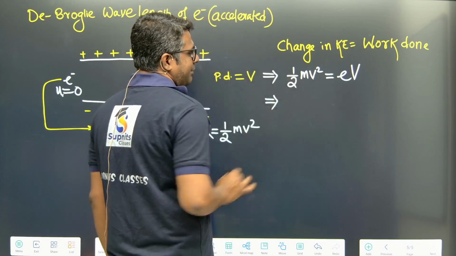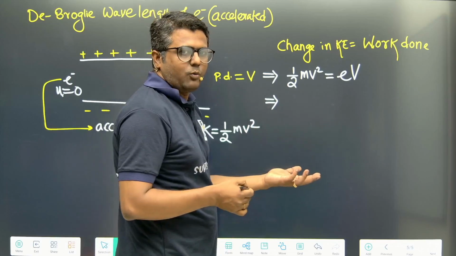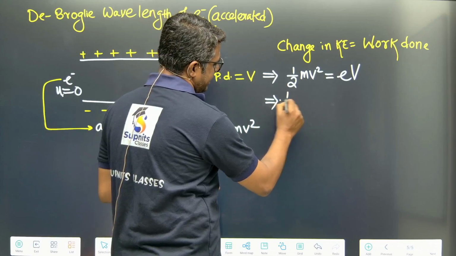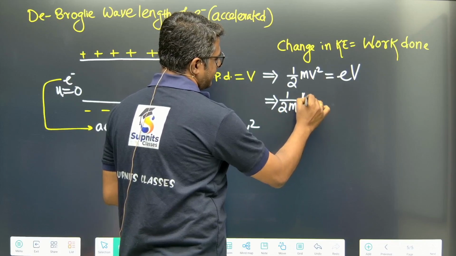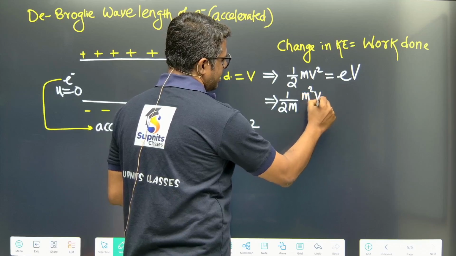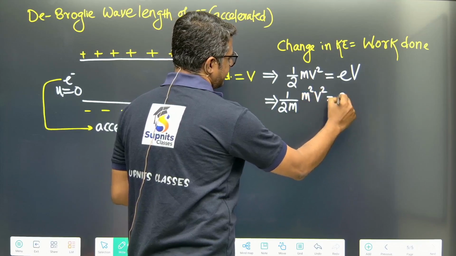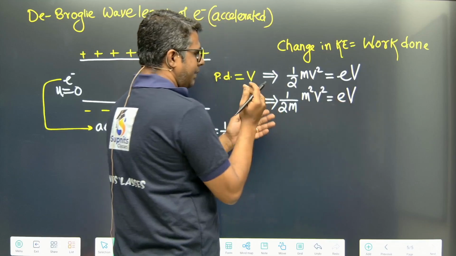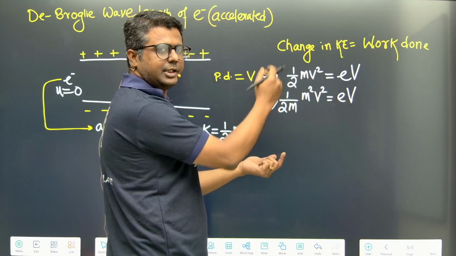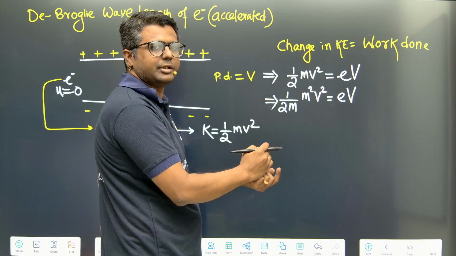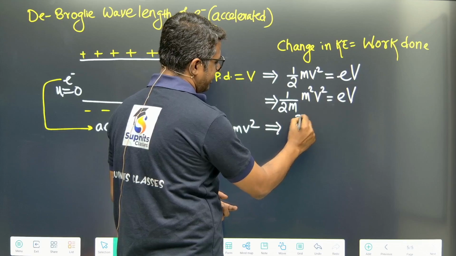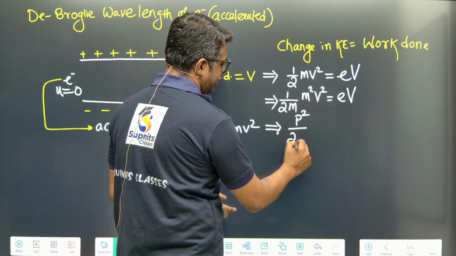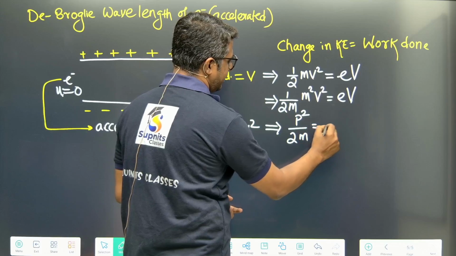Now this can be converted into momentum. How? I can easily write this, multiplying with mass in both numerator and denominator. Clear? So this becomes p square, that is momentum square, by 2m is equal to eV.